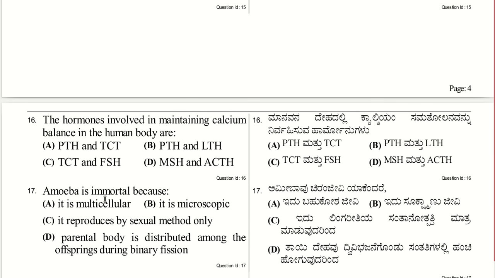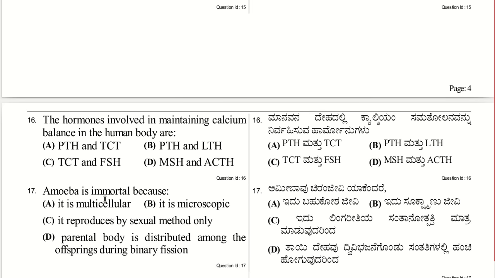The hormones involved in maintaining calcium balance in the human body are PTH and TCT. So the hormones which are involved in maintaining calcium balance in the human body are PTH and TCT.